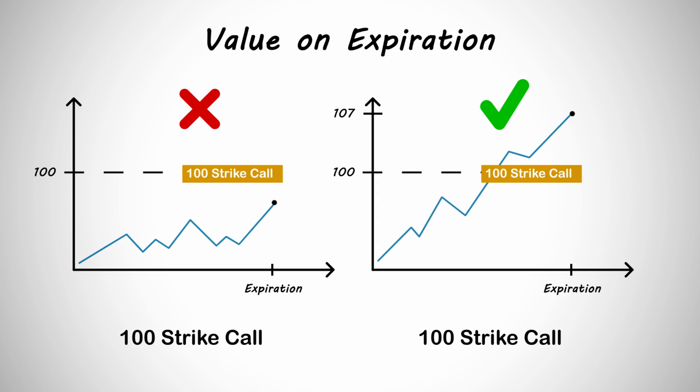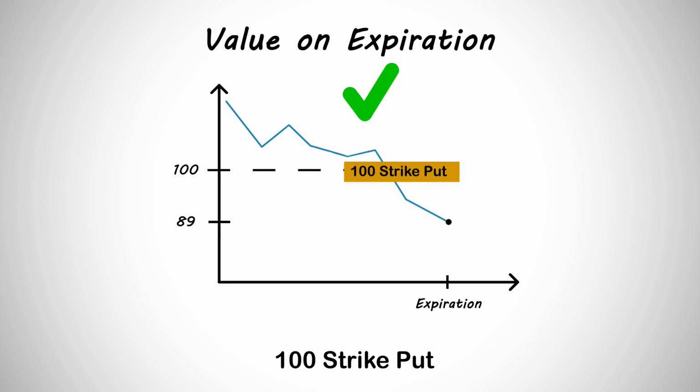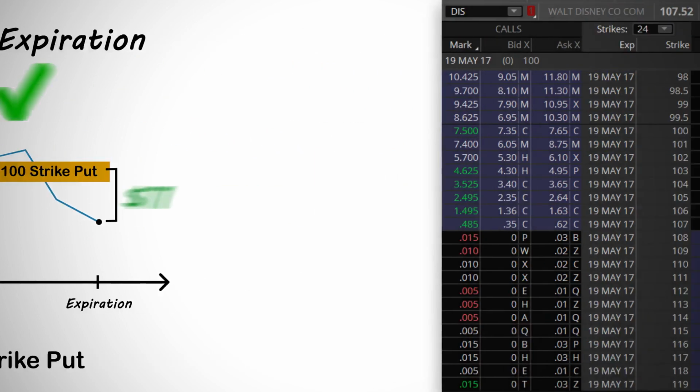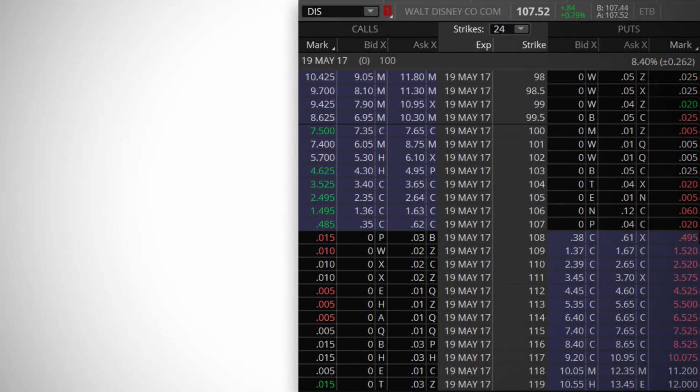Basically, if we have a 100 strike price call and that stock is trading 107, then that option will be worth $7. If we have a 100 strike price put and that stock is trading 89, then that option will be worth $11. Let's head back to Disney and take a look at the May options that expired today.